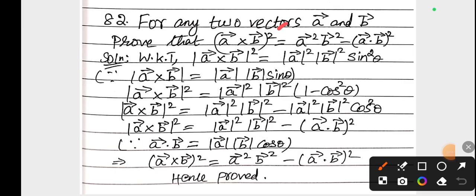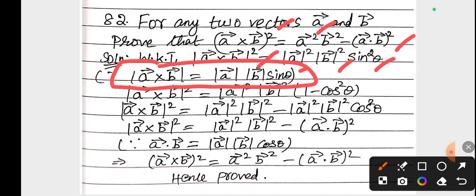So next question again important. Any two vectors you can expect in 2 marks. A vector cross B vector whole square equal to A vector square B vector square minus A vector dot B vector whole square. So we know that A vector cross B vector the whole square is magnitude of A square, magnitude of B square, sine square theta. Why? Definition of magnitude of A cross B is magnitude of A vector, magnitude of B vector, sine theta.